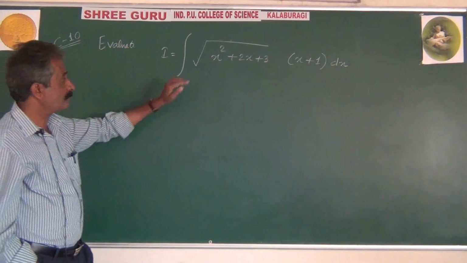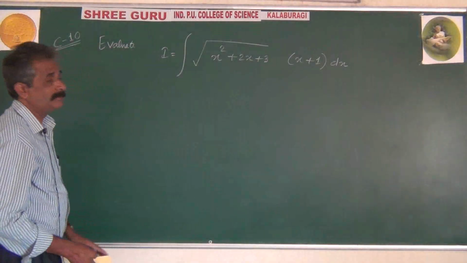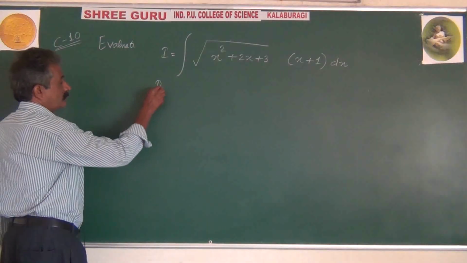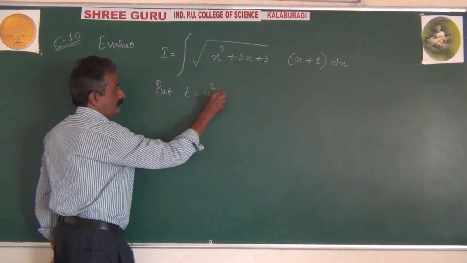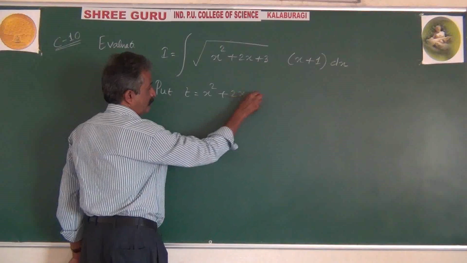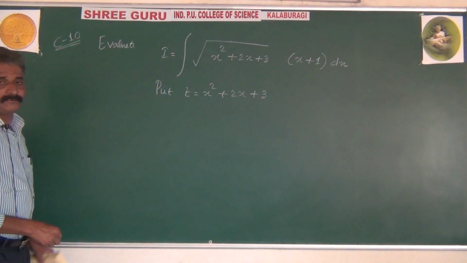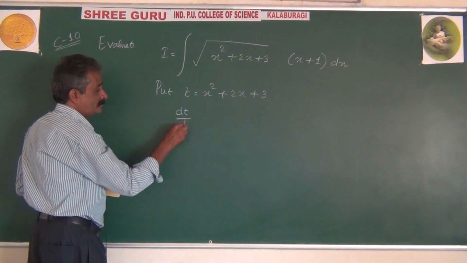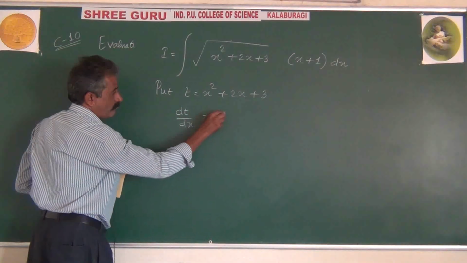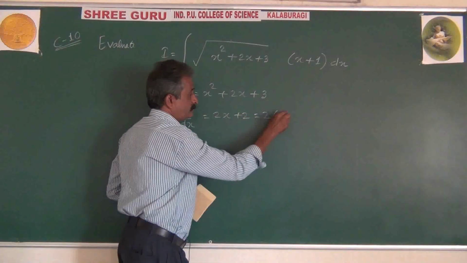So we shall put x square plus 2x plus 3 equal to t in this problem. Put t equal to x square plus 2x plus 3. Differentiate: dt by dx equal to 2x plus 2, or 2 common into x plus 1.